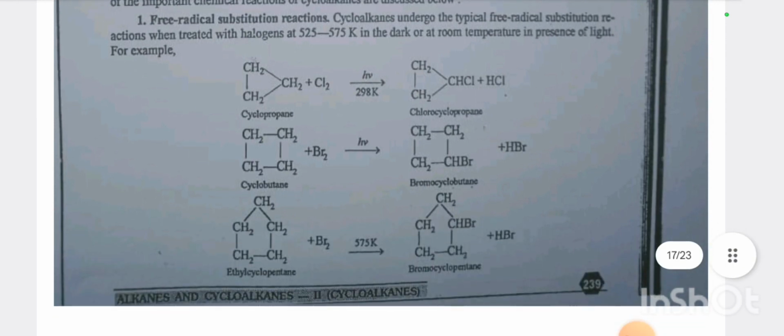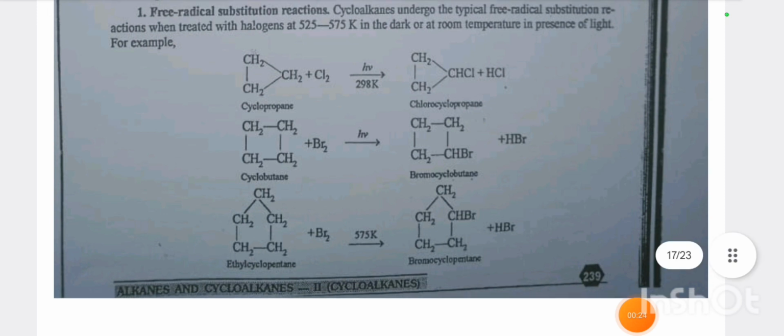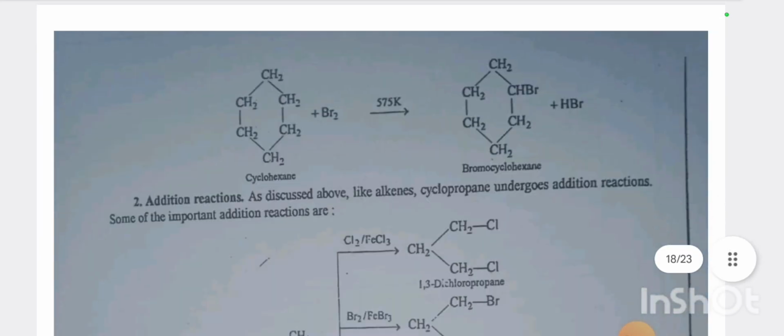Cycloalkanes undergo the typical free radical substitution reactions, where they are treated with halogens at 525-575 Kelvin in the dark or at room temperature in presence of light. Addition reactions. Like alkenes, cyclopropane undergoes addition reactions.